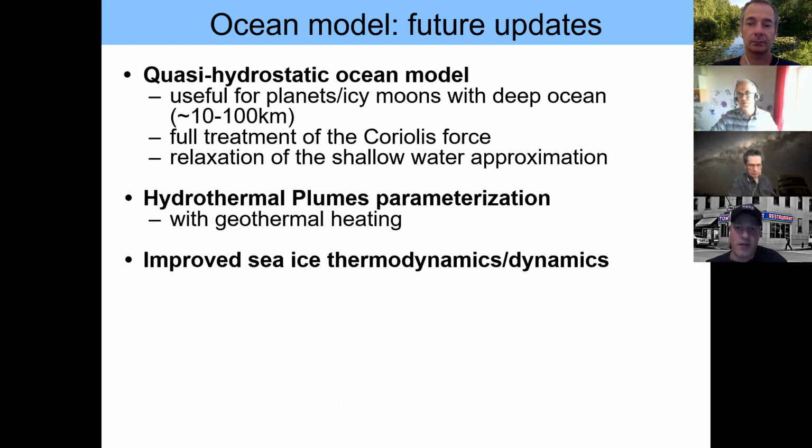Right now, the thermodynamics of the sea ice is handled on the atmosphere grid, but we're going to move the thermodynamics from the atmosphere grid to the ocean grid, so it's fully part of the ocean. We're also improving the dynamical core of the sea ice. And that's it for the ocean.